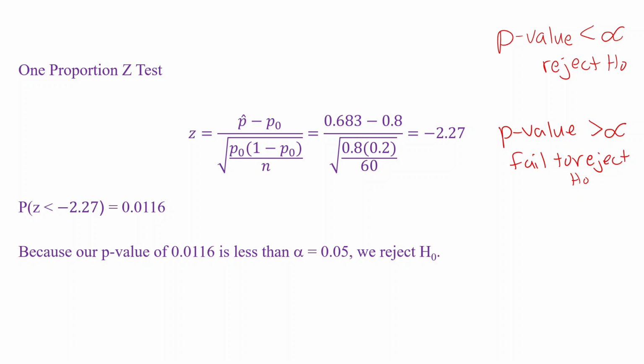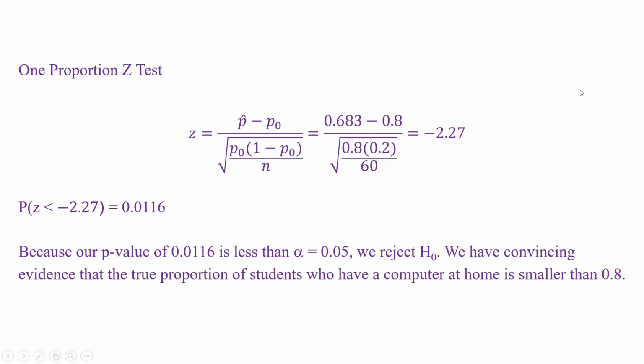And again, no context to that. And we need context. So that's what the next sentence is for. Because we reject the null, that means we do have statistically significant results. Or we say we have convincing evidence that the true proportion of students who have a computer at home is smaller than 0.8. So we have convincing evidence that, and then this is our context.